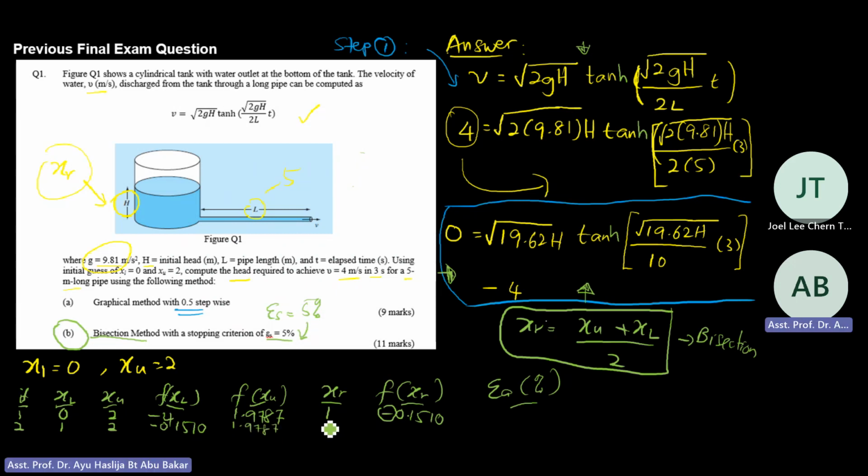Now find the new XR between 1 and 2 using the bisection equation. XU plus XL divided by 2. 1.5. Then find the new FXR.